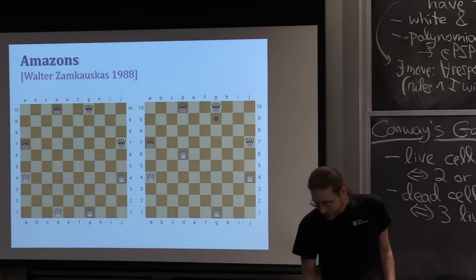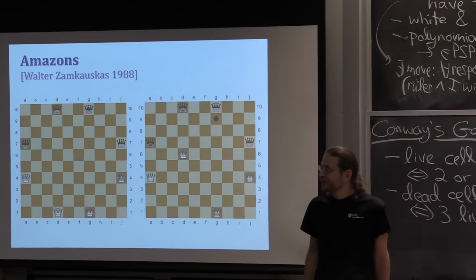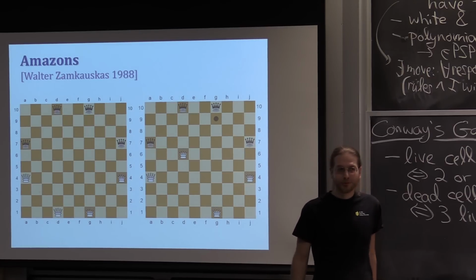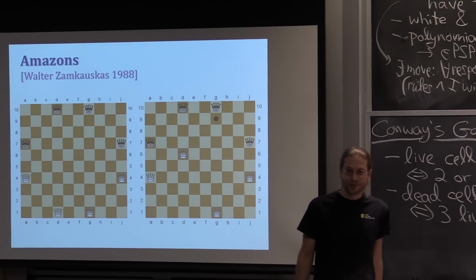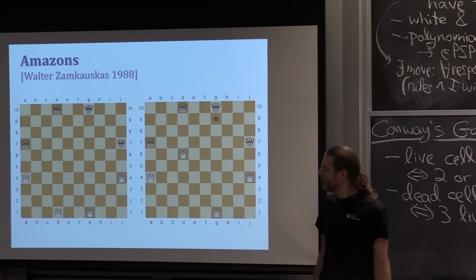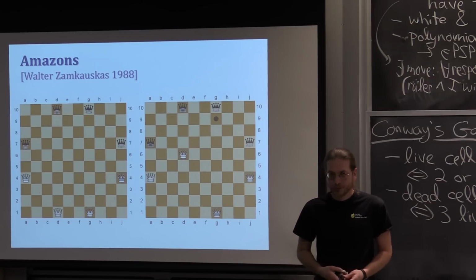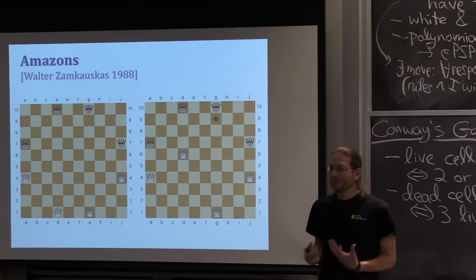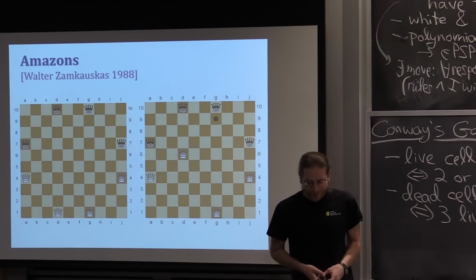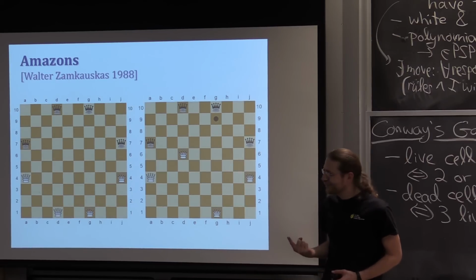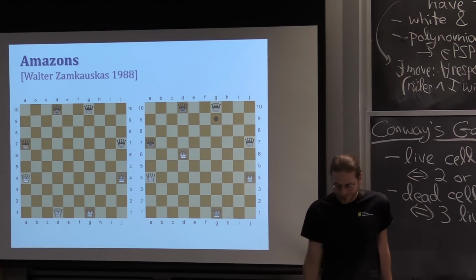And then I have a bunch of PSPACE-hardness proofs based on bounded constraint logic, but I suggest we wait till Thursday to see those because they're kind of fun, and I'd rather spend a little time going through the proof details. So you'll have to wait in suspense before we get to Amazons, which is very fun. You should play Amazons meanwhile if you get a chance.